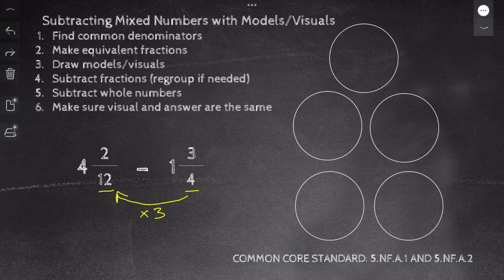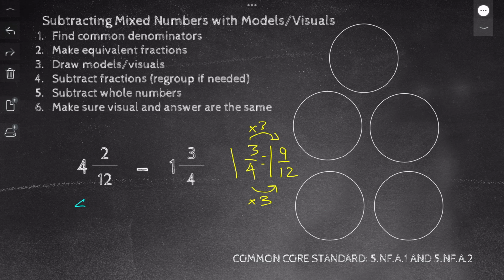So I need to find my equivalent fraction for 1 and 3/4. I know that 4 times 3 equals 12, so 3 times 3 equals 9. My new subtraction problem is 4 and 2/12 minus 1 and 9/12.